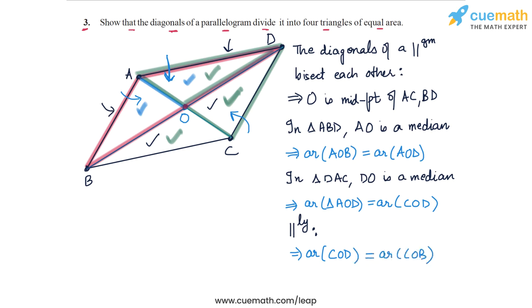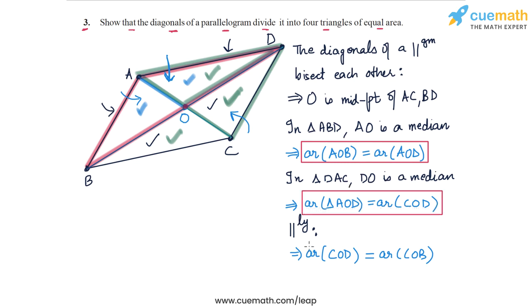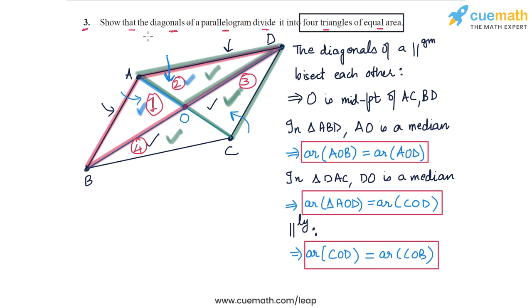So if you now look at these three relations, area of AOB and AOD is equal, area of AOD and COD is equal, area of COD and COB, these areas are also equal. So the areas of all the four triangles, if you want, you can number them, triangle 1, 2, 3 and 4, all of these triangles have equal areas, which basically proves the fact that the four triangles have equal area. So this completes question 3.